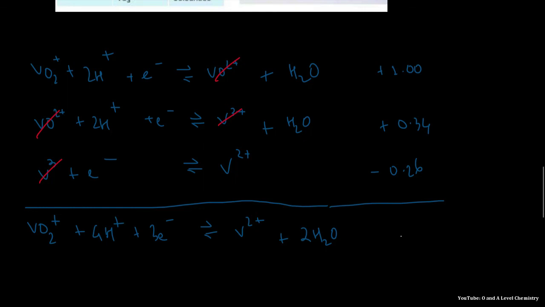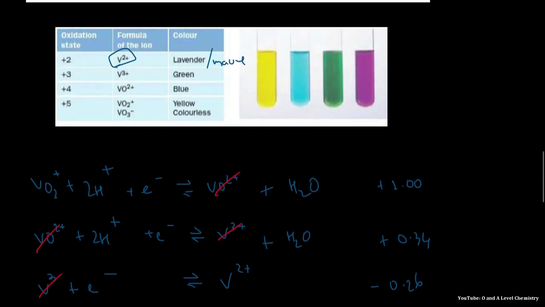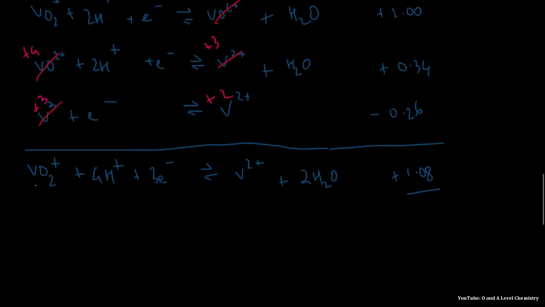So 1.34 minus 0.26 is going to be +1.08, if that's needed. Let me recap. This is the +5 vanadium being reduced to +4. This is the +4 being reduced to +3. And this is the +3 being reduced to +2. So now you have the overall +5 being reduced to +2. This is your answer for that part.